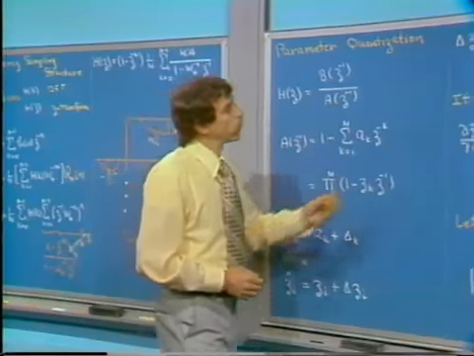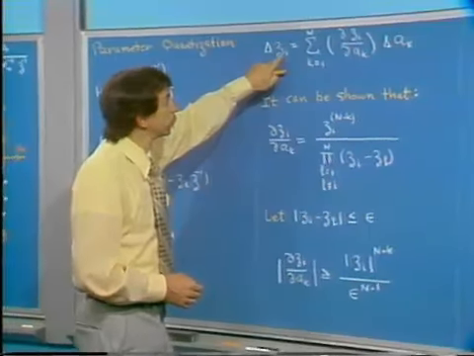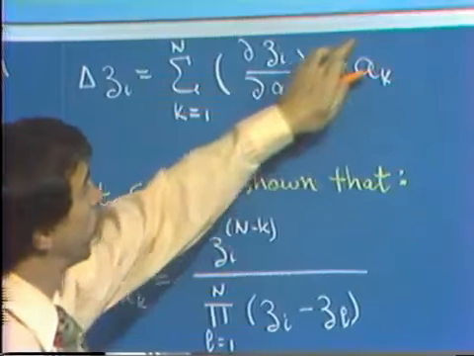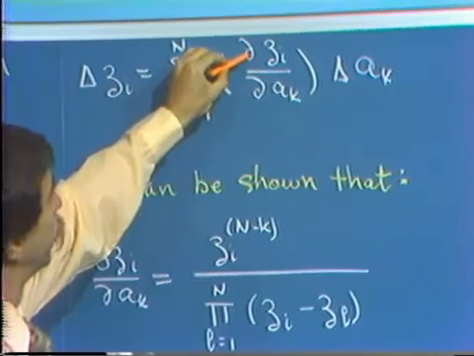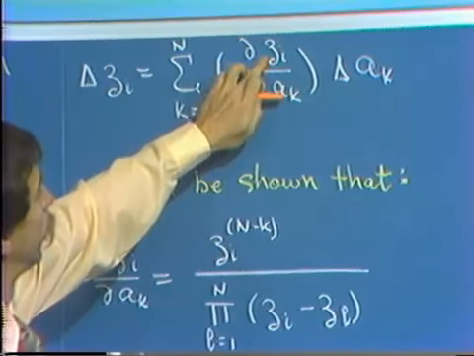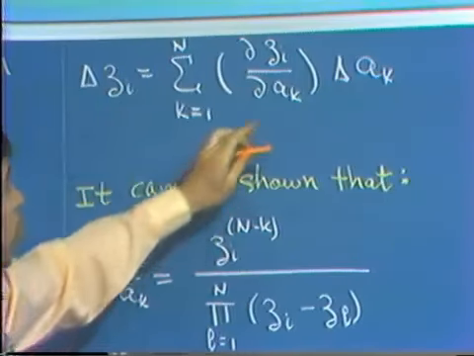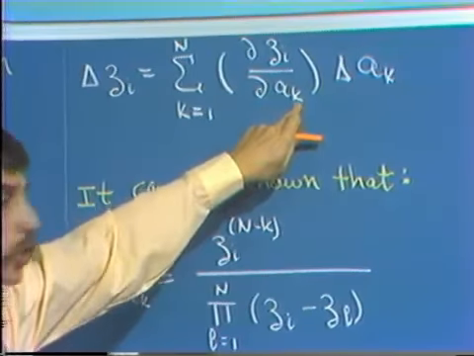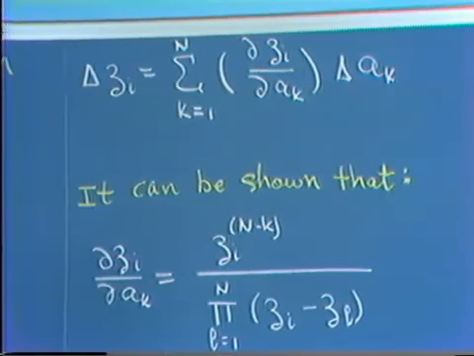In other words, we can express the movement of the pole in terms of the movement of the coefficients as a sum of the partial derivative of the ith pole with respect to the kth coefficient times the error in the kth coefficient. Well, this can be tracked through, and this is done in the text. I won't go through the algebra.